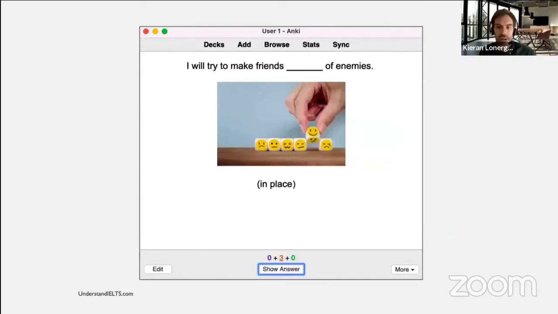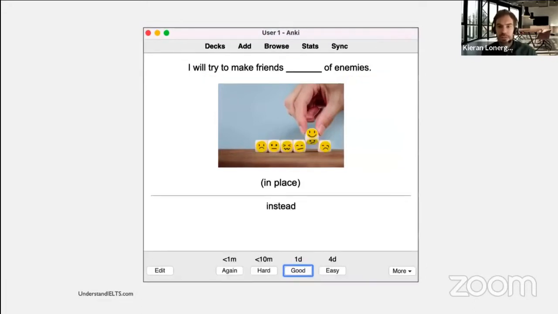And here we have another card to learn a specific piece of vocabulary. With the question on the front, what word goes in this gap? And we have a definition down here to help us remember the correct word. And here is the answer. Instead, I will try to make friends instead of enemies.